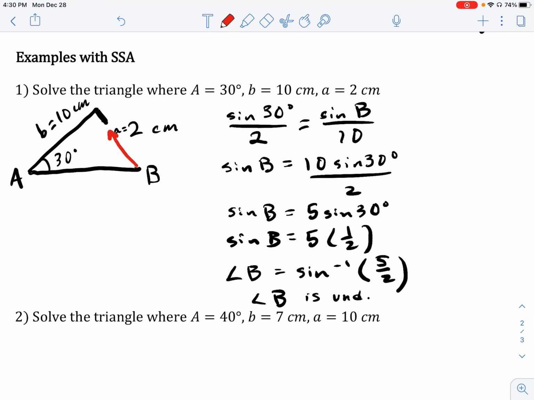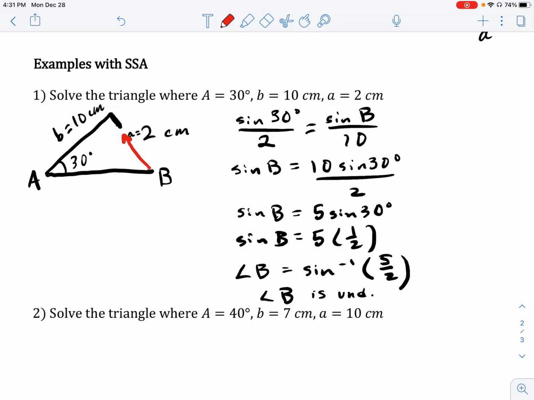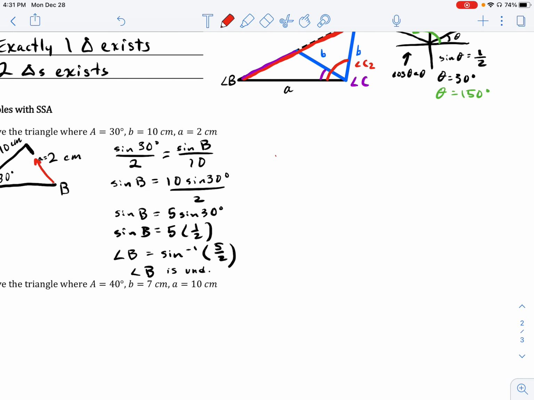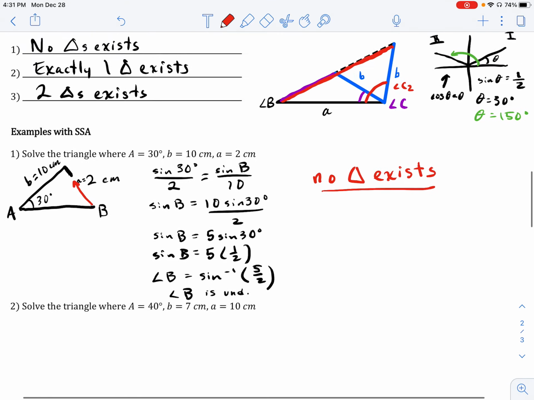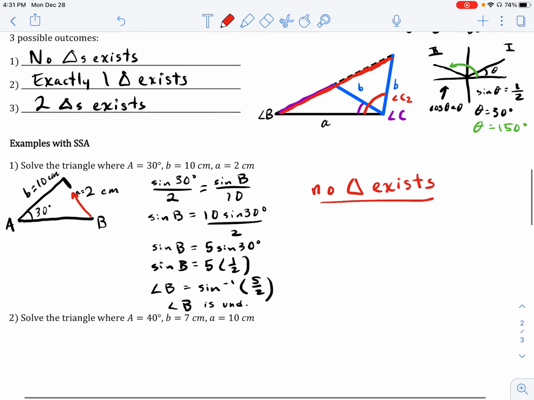This triangle cannot be formed. And therefore, you would say that no such triangle exists. So on an algebraic level, anytime you get an angle that does not exist, that tells you that no possible triangle exists here. So this is an example of an SSA case where no triangle exists.